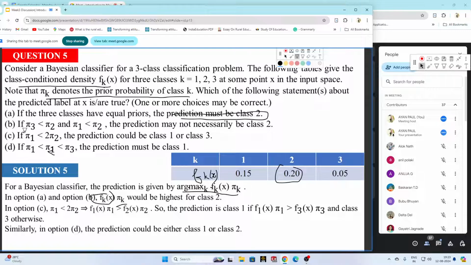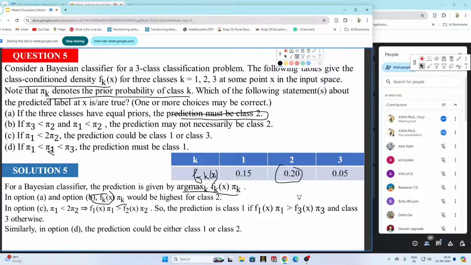Now option B: if pi 3 is less than pi 2 and pi 1 is less than pi 2, the prediction may not necessarily be class 2. Here pi 2 is greater than pi 3, and as f2 is greater than f3, the prediction will be class 2.